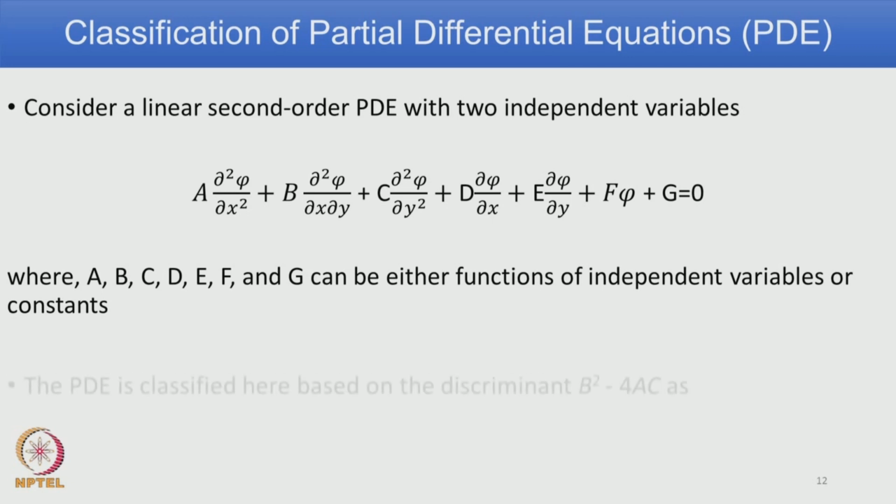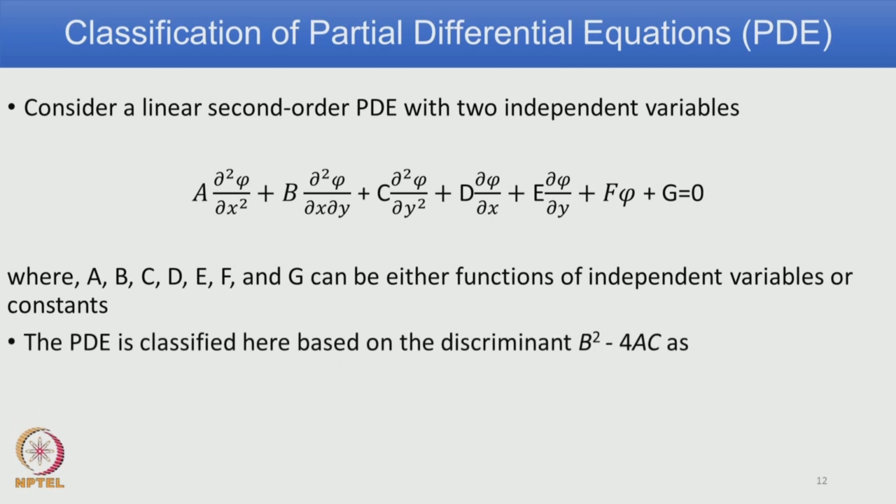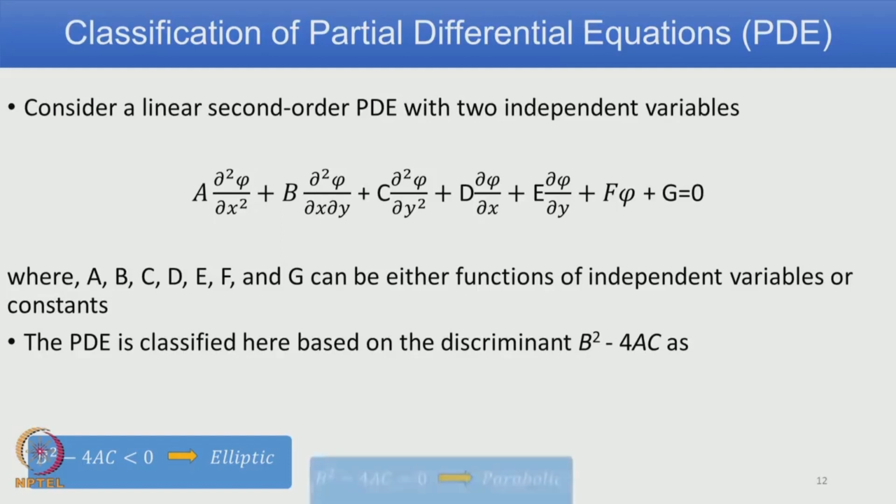Now, we are going to make a classification based on the discriminant, that is b squared minus 4ac. In other words, if b squared minus 4ac happens to be less than 0, then the equation, or the solution associated to the equation, is classified as elliptic PDE.